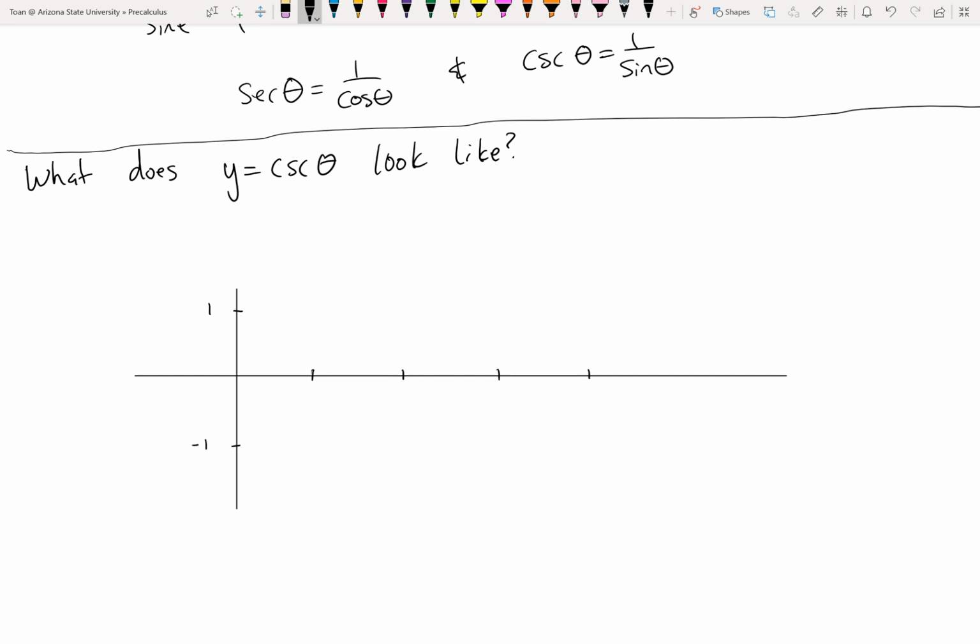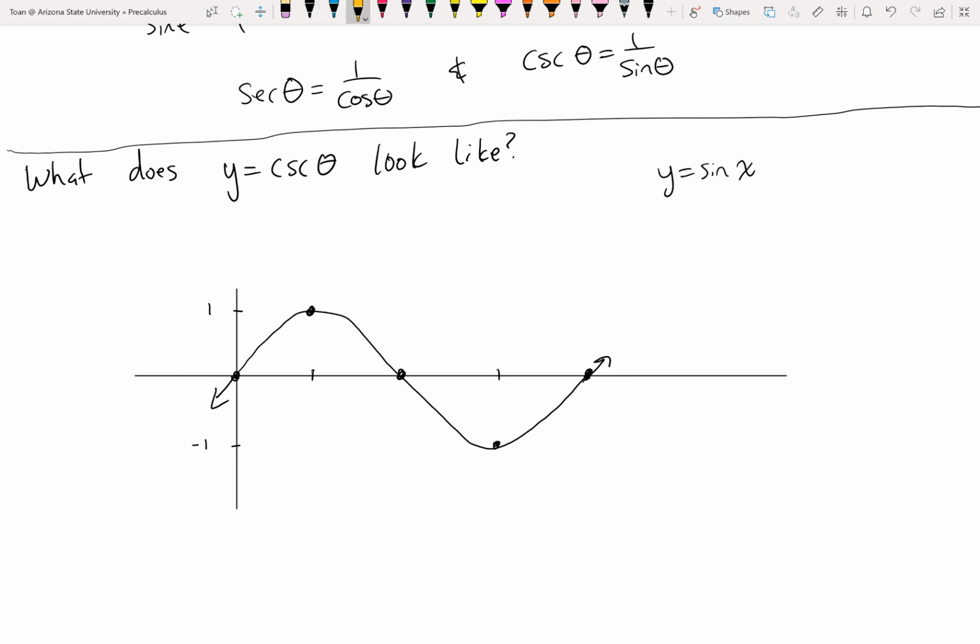And the pattern for sine is equilibrium, max, equilibrium, min, equilibrium. At least for one period of sine, it has this wave-like pattern. So in the black is y equals sine of x.